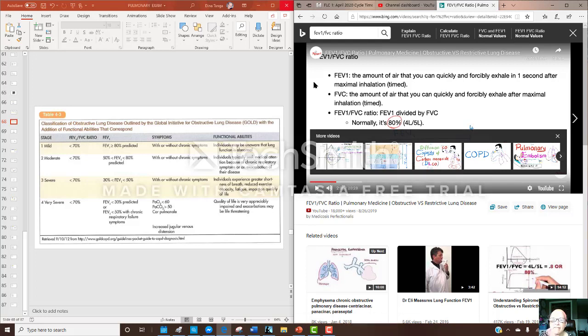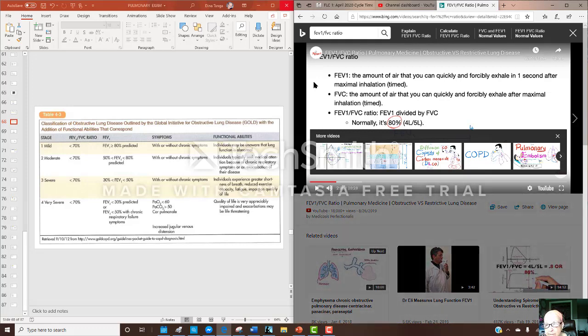So FEV1 is the amount of air that you can quickly and forcibly exhale in 1 second after maximal inhalation.